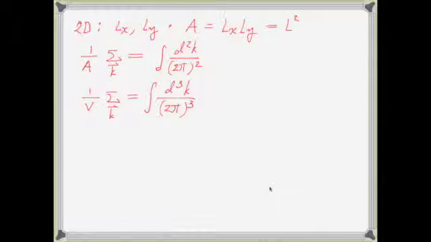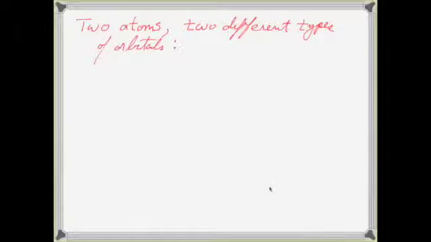Okay, now let's move on to something a little more complex. We're going to stay in 1D for a while. It's easy. But now we're going to have two atoms in a unit cell, and two different kinds of orbitals: an s orbital and a pz orbital.